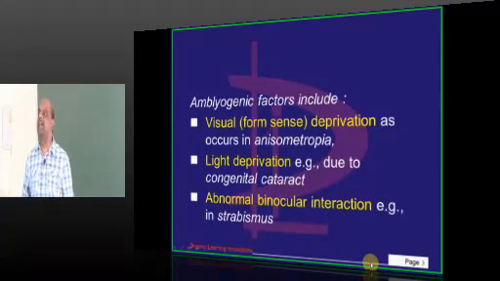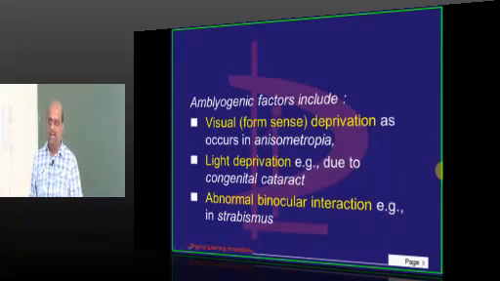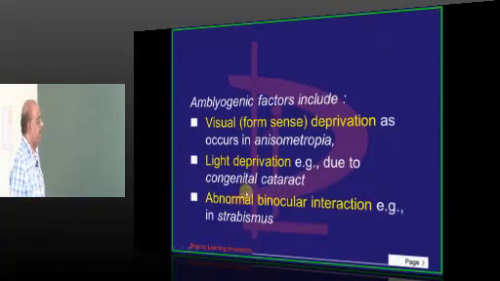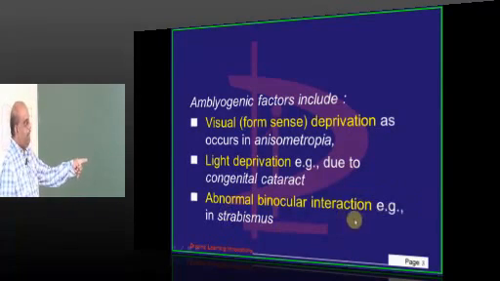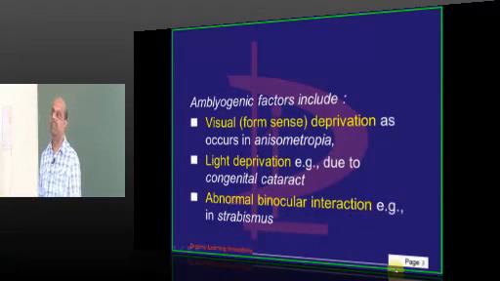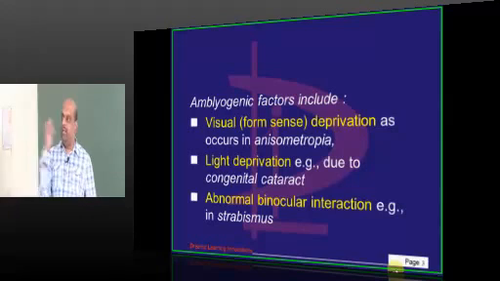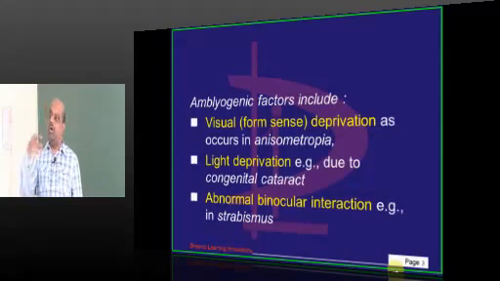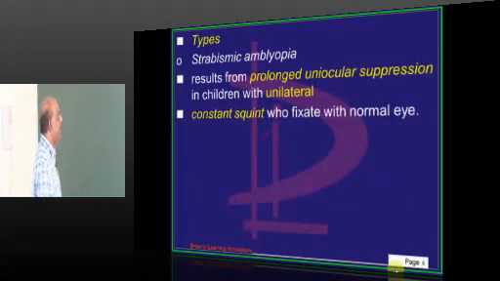I don't want to fixate whenever I have to look at an object. Let the other eye which doesn't have a cataract do that job. Then any abnormal binocular interaction. If one eye has esotropia or exotropia, then only the normal eye keeps fixating, the esotropic or exotropic eye doesn't. In the long run, amblyopia will develop.